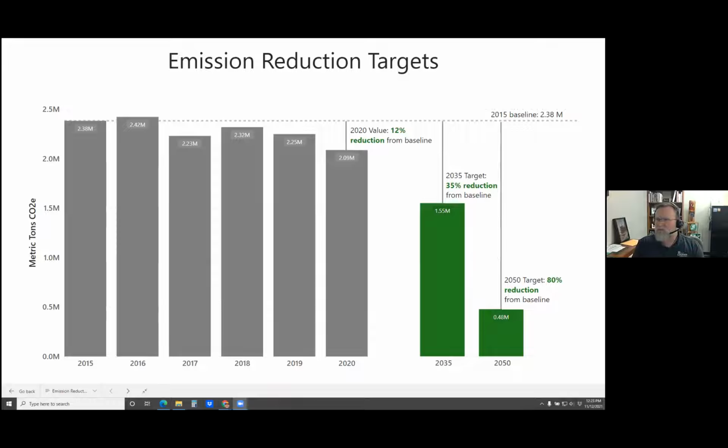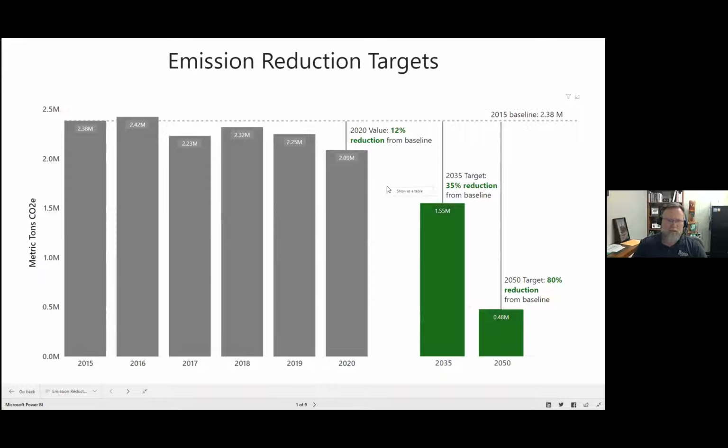Maybe some of your questions or interests are in the ever ratcheting down of the emissions targets, and how are we responding to that? And we just continue to try to do as much as we can, as quickly as we can. So one thing I do want to show everybody about this particular display: if you mouse over this chart and then right click on the mouse, this little box will come up and it says show as a table.